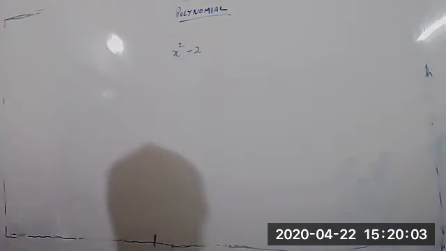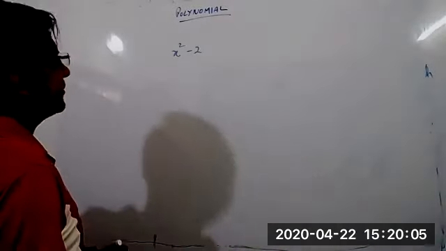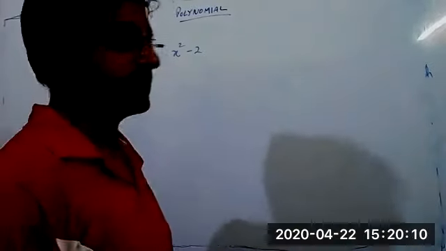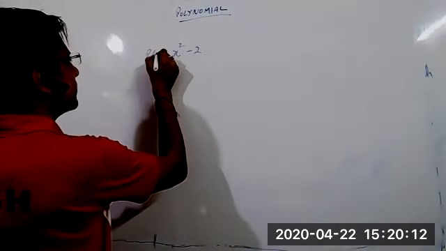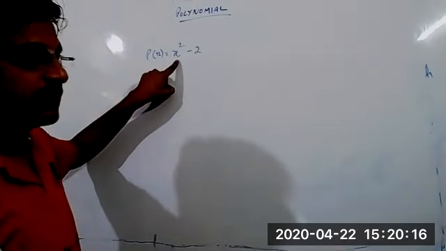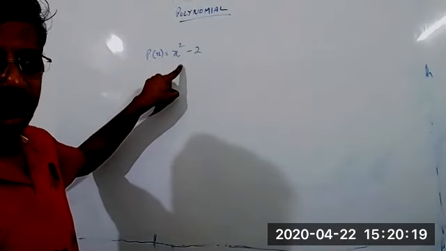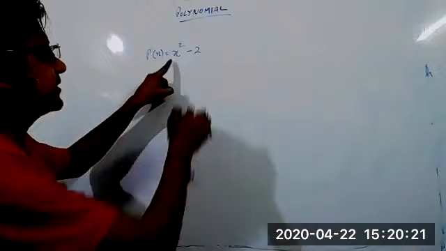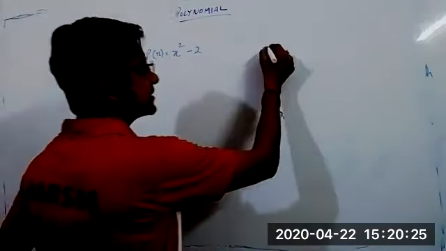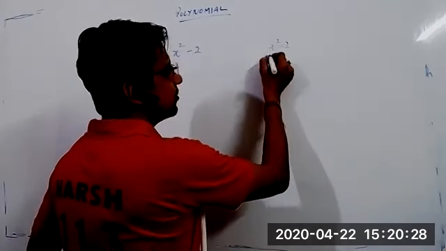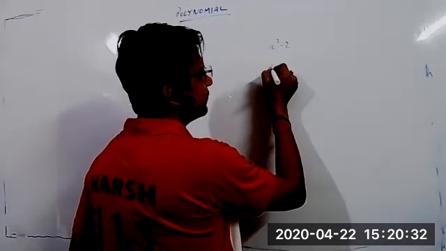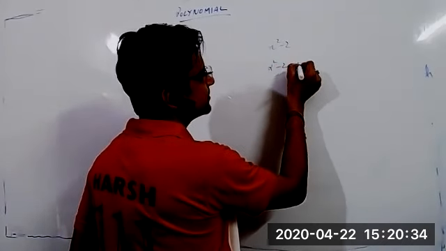This is a polynomial, and we say find the zero of this polynomial. Try to understand, zero of the polynomial means what value you will find for x so that this value becomes 0. Means x square minus 2, whatever value you are putting, that is maybe alpha. Let's take alpha. Alpha square minus 2 is 0.